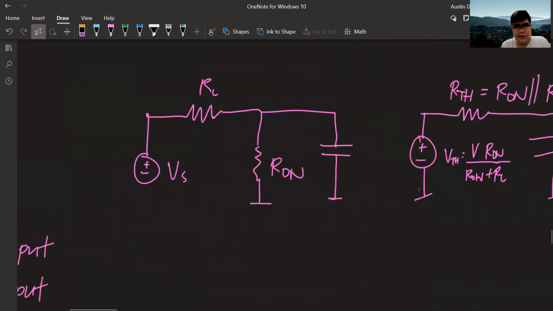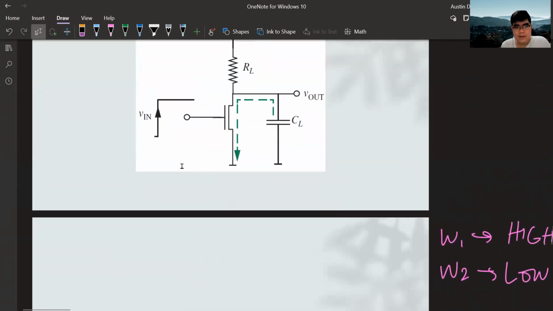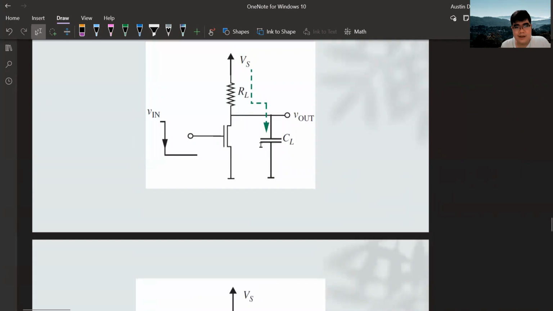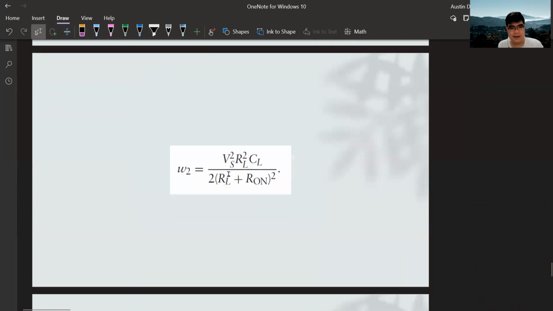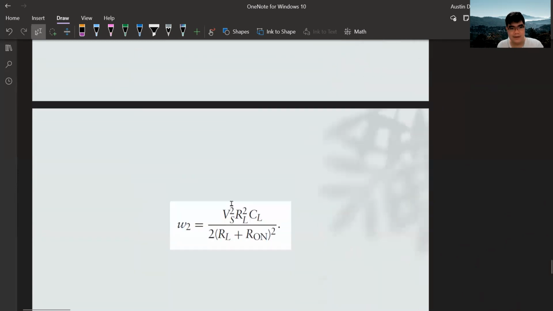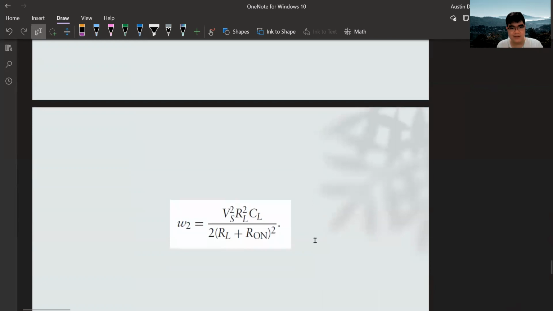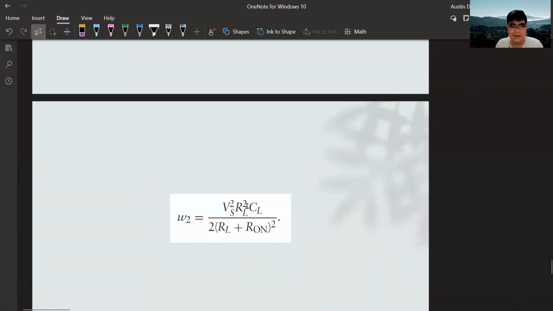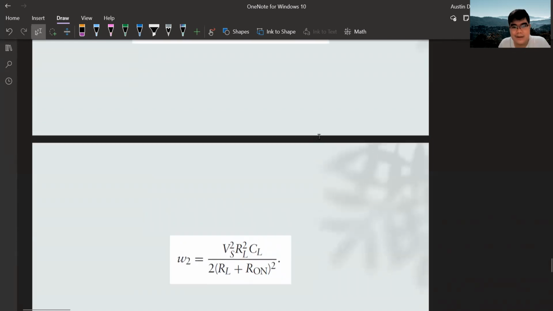Then, when you go to the other state, which is this, this guy comes out. Okay? Now, these two terms, this second term here and this term here, have exponentials. We don't include them because, as we said, we take the energy in a time interval such that the capacitors are already at steady state.